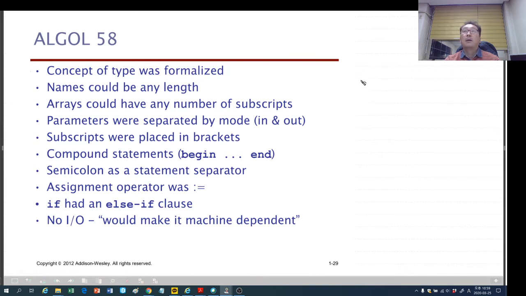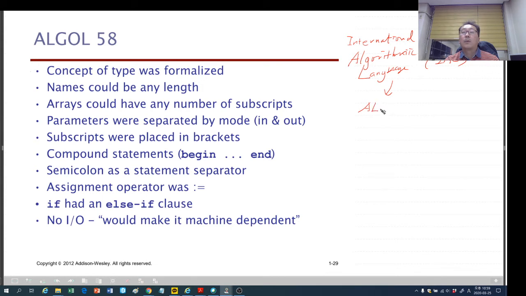At that time, the name was International Algorithmic Language. So it is called IAL, and after that, the name was changed to ALGOL.